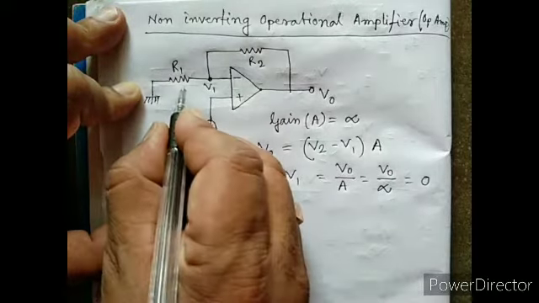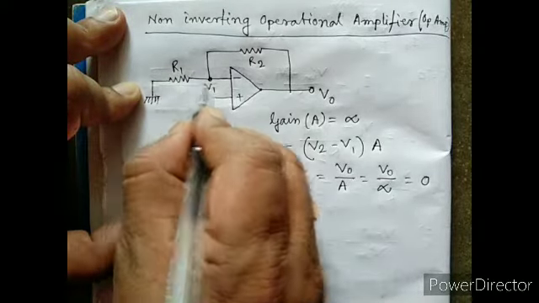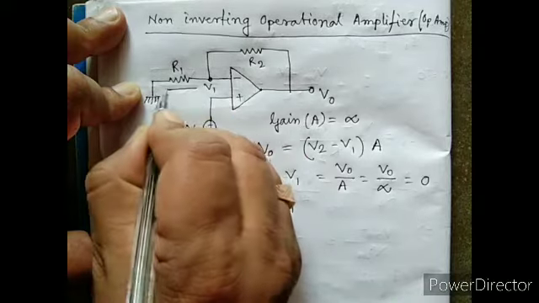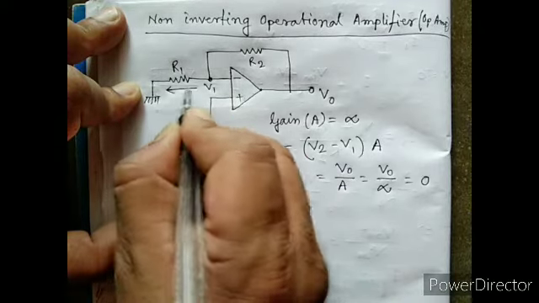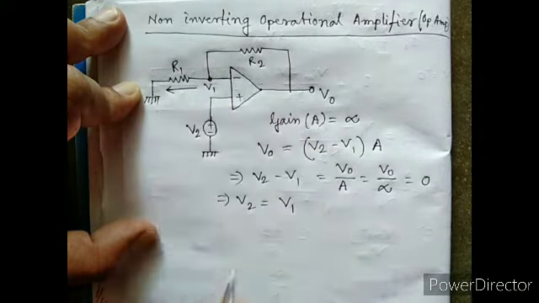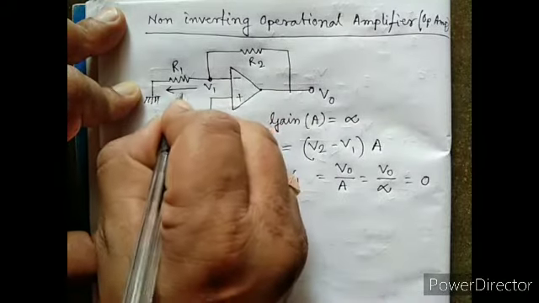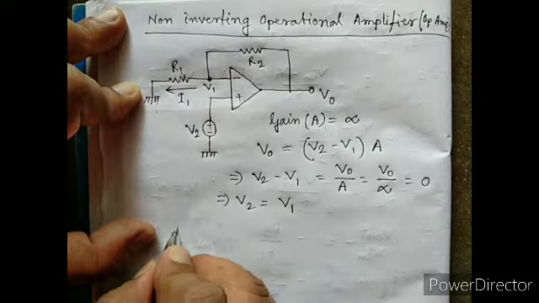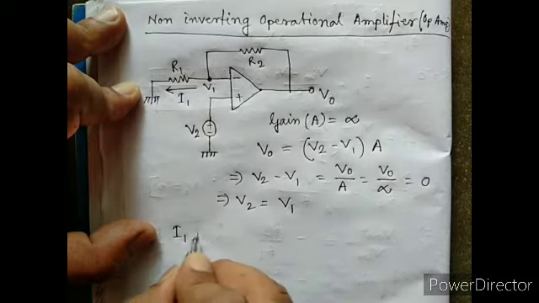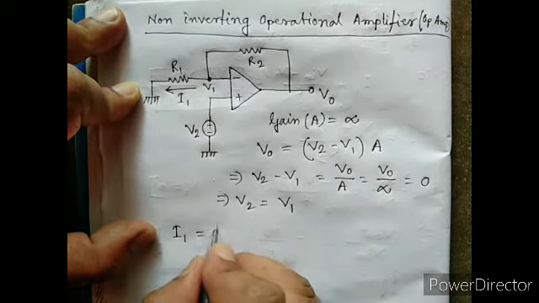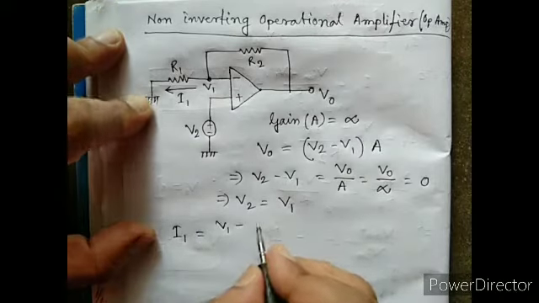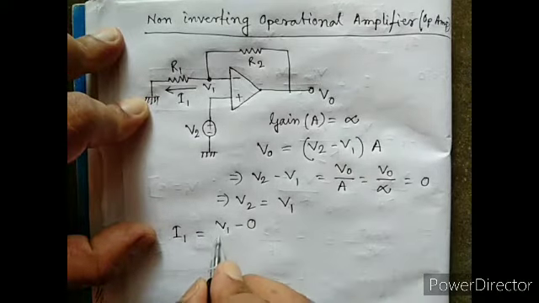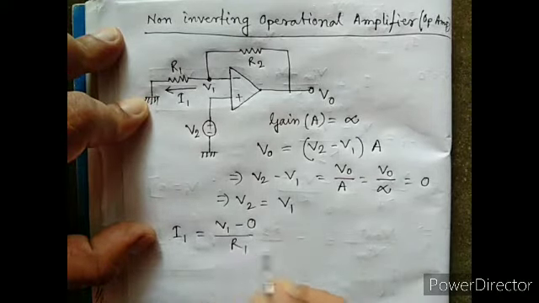So, how much current will pass through R1? If I say this is the current flowing direction, then current I1 is passing through R1, and we can write current I1 equals V1 minus ground potential 0, by R1.